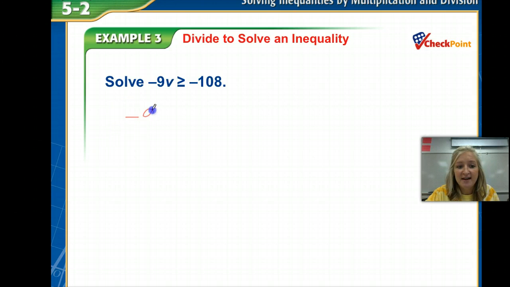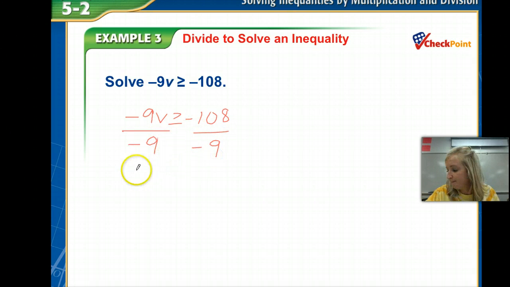All right, I have negative 9v is greater than or equal to negative 108. And now I'm dividing both sides by a negative 9. And I get v is greater than or equal to negative 12. Did you catch my mistake?